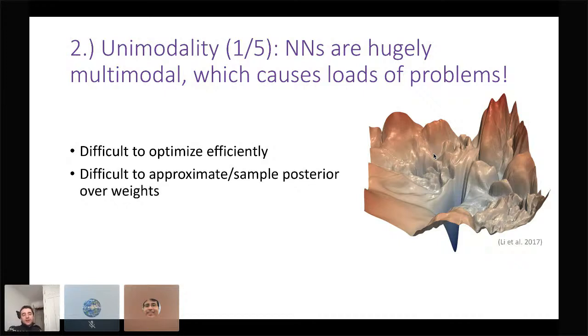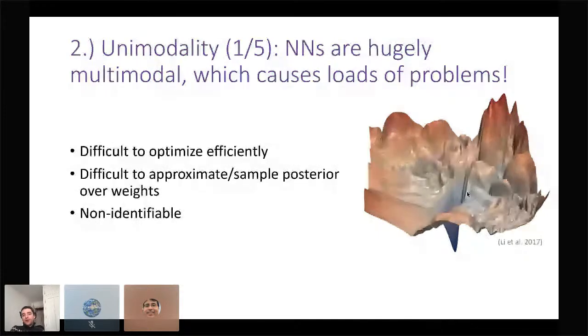The next issue is that it's difficult to approximate or sample the posterior over weights that this loss landscape implies. If you imagine trying to approximate this as, let's say, a Gaussian or a quadratic, it simply isn't going to work very well because this loss landscape is hugely complex. And that's going to make it very difficult to do something like variational inference for your weights in a Bayesian neural network accurately.